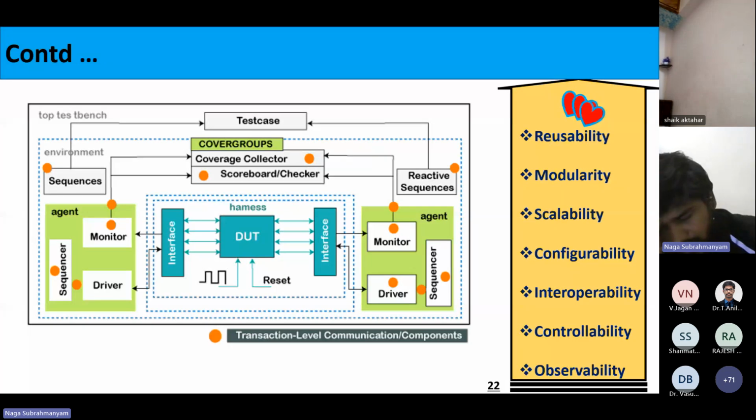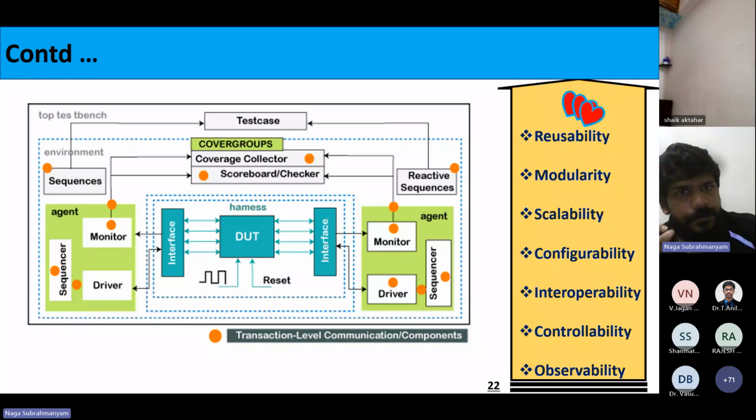Now, what is the main purpose of this test bench? We can reuse this test bench in a different manner. If you develop one particular environment, it can be useful for many designs, not only one particular design.